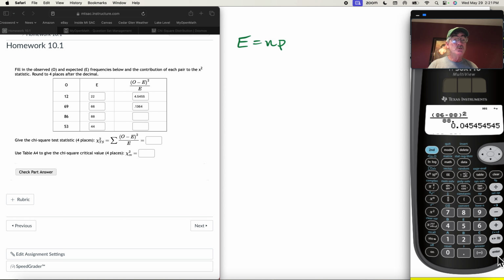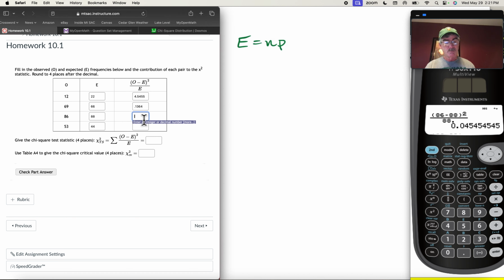So 0.0455 this time, with 4 places after the decimal.